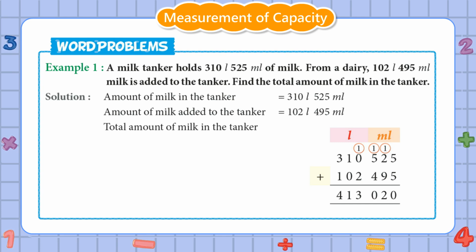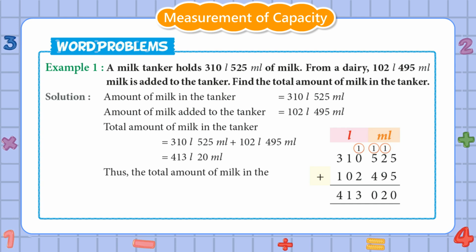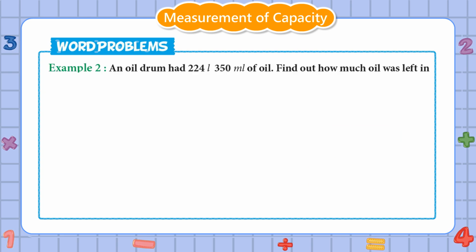Total amount of milk in the tanker is equal to 310 liters, 525 milliliters plus 102 liters, 495 milliliters. It is equal to 413 liters, 20 milliliters. Thus, the total amount of milk in the tanker is 413 liters, 20 milliliters.